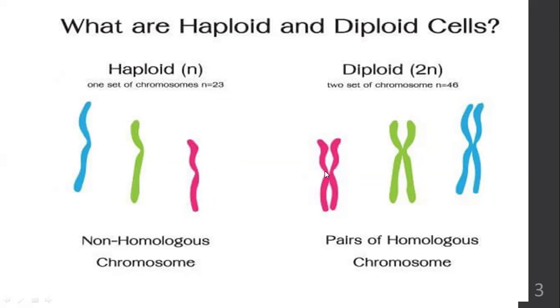When they are in pairs, this is how they are in pairs, and so it is diploid. Now just imagine if you have one more string attached here, like a triplet, not a pair.